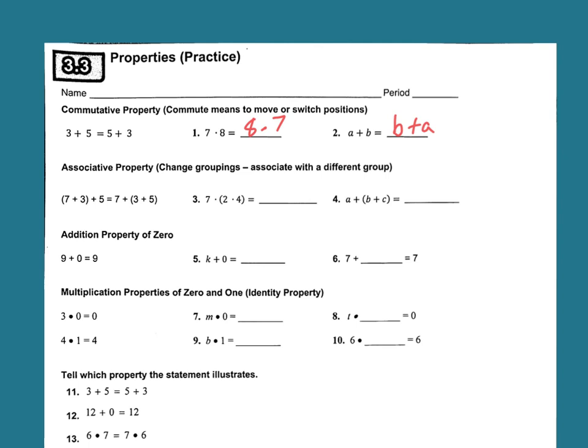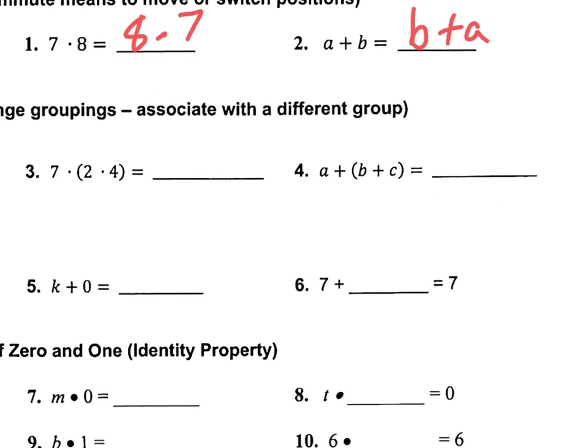Associative property, so this is giving us a good example of that. 7 plus 3 in parentheses plus 5 changed to 7 plus 3 with the parentheses just moved to the 3 plus 5. So we're going to do the same thing here. I'm going to zoom in a little bit closer so we can be a little bit more exact.